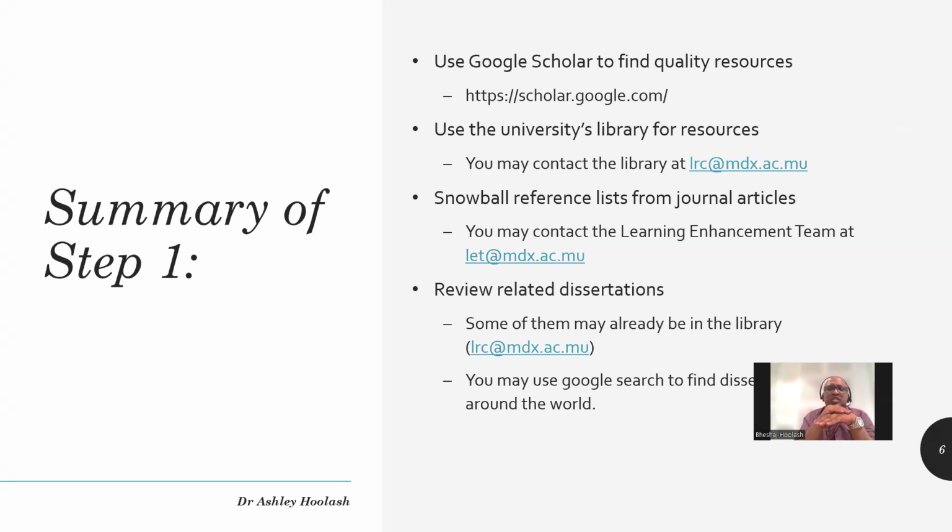For snowballing, again, this would be in the reference list of each article, but you might also want to meet the LET team, the Learning Enhancement team, in the library. That's where they are sat, and they can guide you about this. Relevant dissertations: again, we have a stack of former dissertations which you can peruse, which you can read, so that you have an idea about the literature that has been covered before.